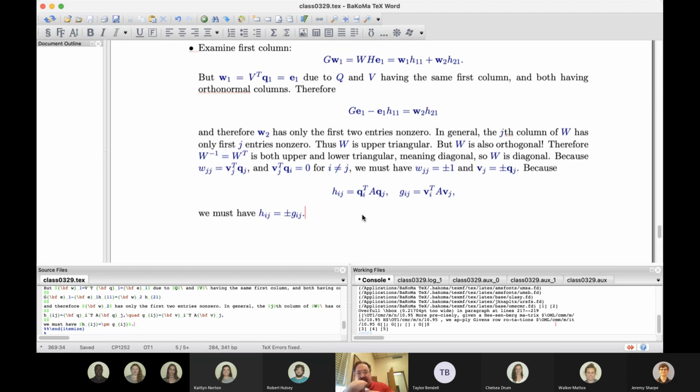Okay. And everything comes from understanding where the entities you're dealing with have to have zero entries or non-zero entries. Okay.